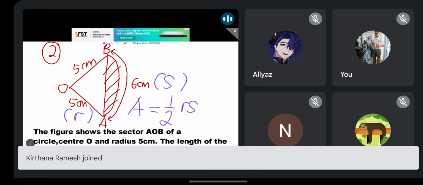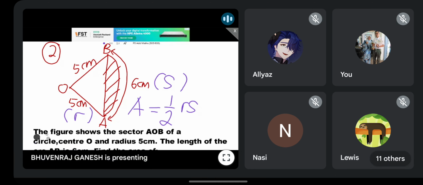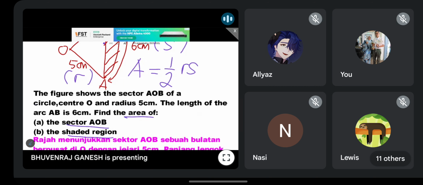So anyone? Formula? Area of segment? You all still remember? Yes. Okay, use the formula. Half R square theta minus sin theta.